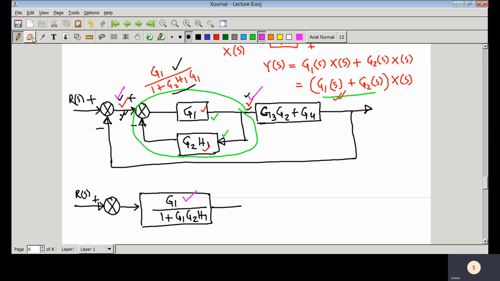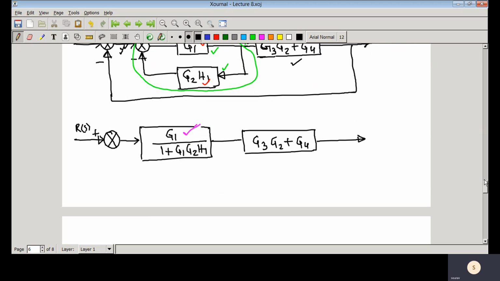Now you can see the rest of the part, that is this particular transfer function, G3 G2 plus G4. This is that block diagram, and close this particular feedback path, so you have that negative sign.